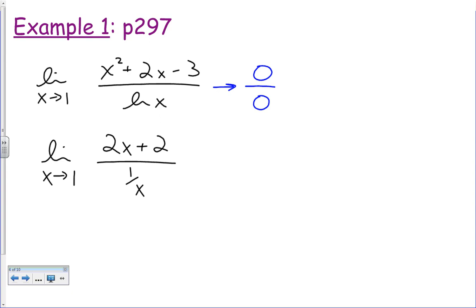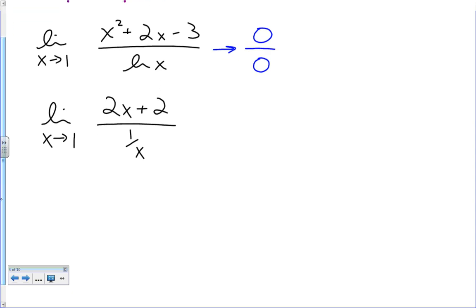Now sometimes, and in fact I'm going to rewrite this, sometimes you get a form like this that you can simplify before you check to see what value it is. Technically I don't have to do it in this case, but I'm going to go ahead and rewrite it, just so you see that sometimes we have to do this before we try evaluating the limit. I have 2x plus 2, and I'm dividing by 1 over x.